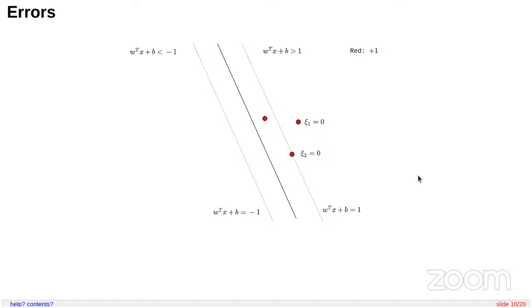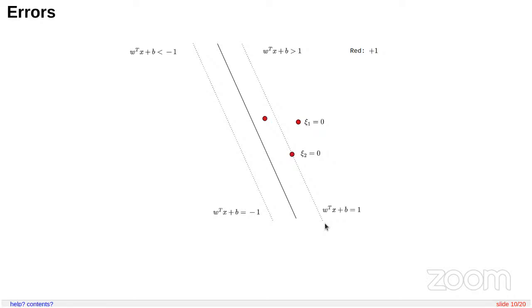Think about this: what is our objective in SVM? Points should lie beyond the margin. The red point should be on the right side of this margin. My notion of error is that if it is not on the right side of the margin, I start penalizing that point. What penalty can I give? How far it is off from this bounding plane.